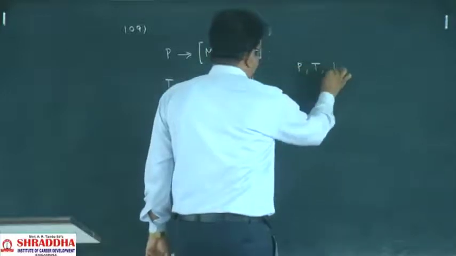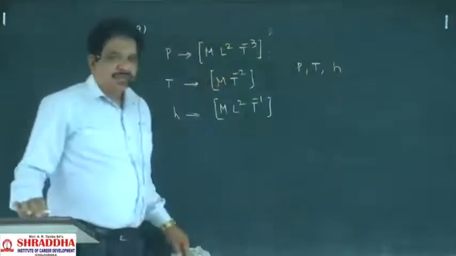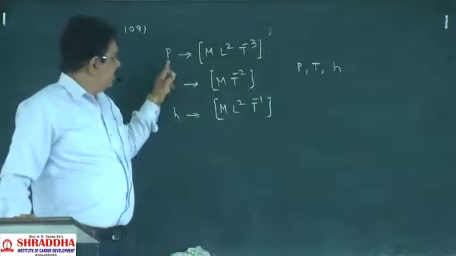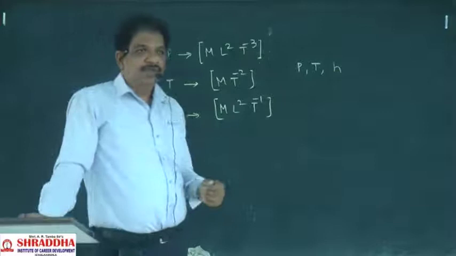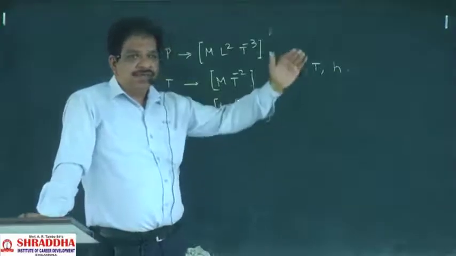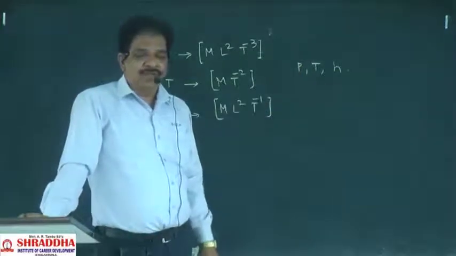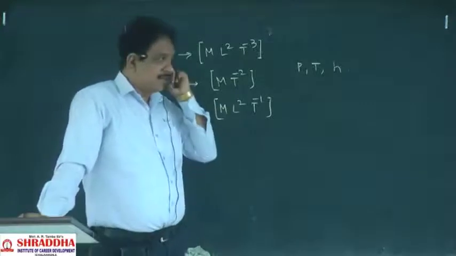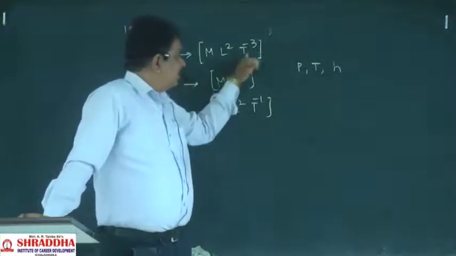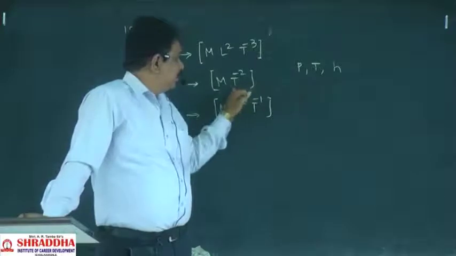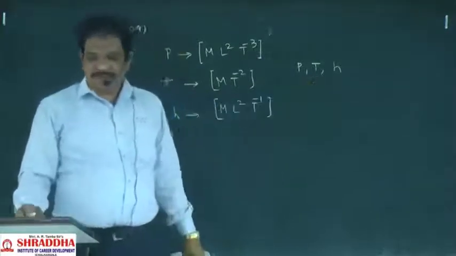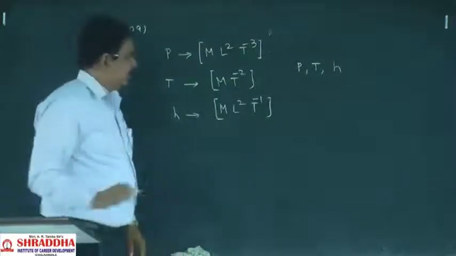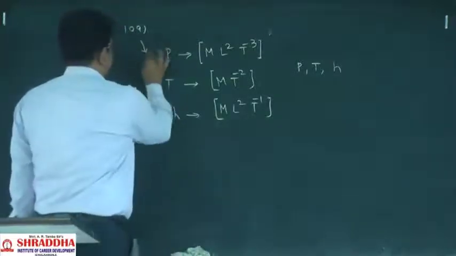P, T, H. Arrange this in increasing order of dimensions of time they are asking. So here T power minus 3 will be minimum. Next T power minus 2. Next T power minus 1. So 109 it will be 8.